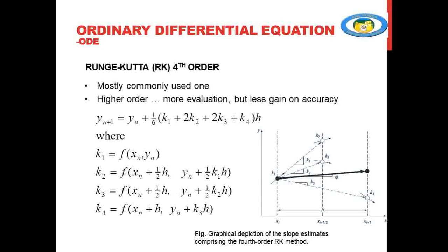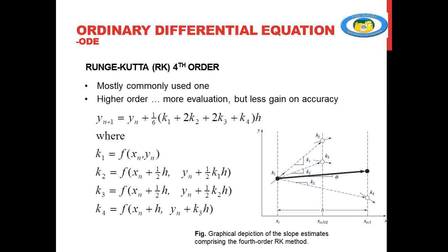So we are going to divide the whole slopes by 6 and then times h. So the term 1 over 6 times K1 plus twice of K2 plus twice of K3 plus K4 is essentially the weighted slope. So that is slope times h plus yn shall give you the value of y in the next time step. So this is Runge-Kutta fourth order.